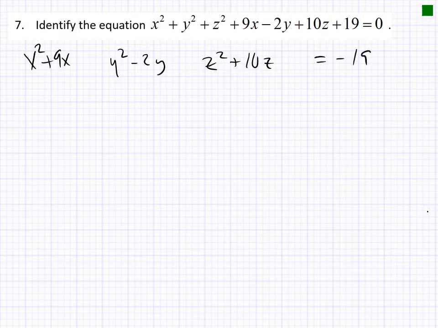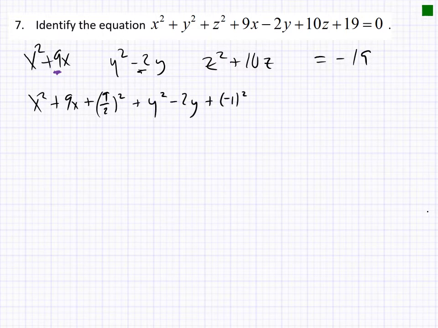So now what we want to do is take this 9 and divide it by 2 and add it in with the squares. So we get 9 halves squared. Take this negative 2 and add it in with the y's, so that's going to be negative 1 squared. And take this 10 and add it in with the z's, so that's going to be 5 squared.